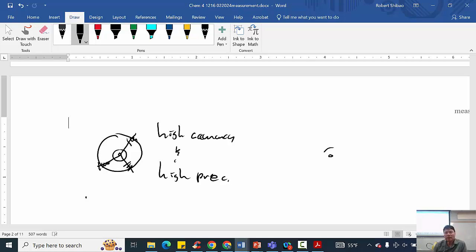But let's say somebody threw 3 darts and all 3 darts landed in the same spot, but they're off. They're aiming for the bullseye, which is here in the center, but they hit over here on the right. What would you say about these 3 throws? Low accuracy. Yeah, low accuracy, high precision.